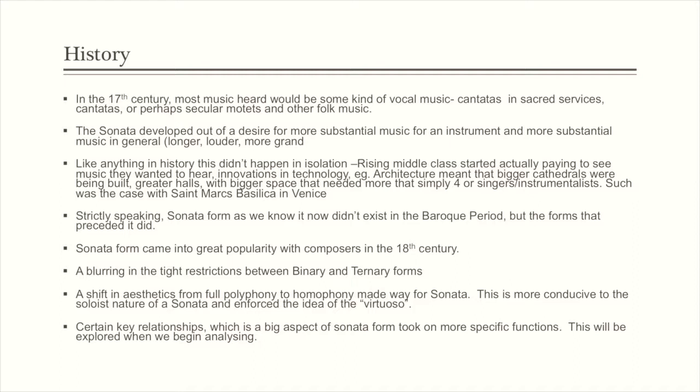It's very polyphonic, very complex, and it was meant to represent the complexity of God and the ornate nature of the world. So the sonata developed out of a desire for more substantial music, that is longer music, louder and more grand, but also more easy to understand.